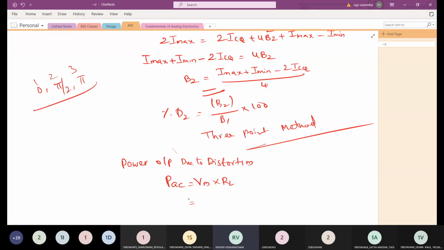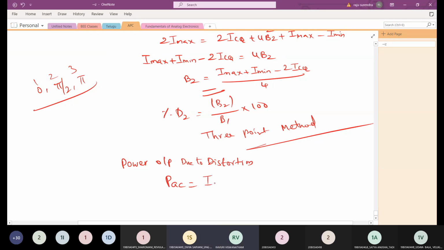Sorry, we can write this directly: power P is equal to V into I, and V is I into RL. So directly we can write this as Im square RL by 2.